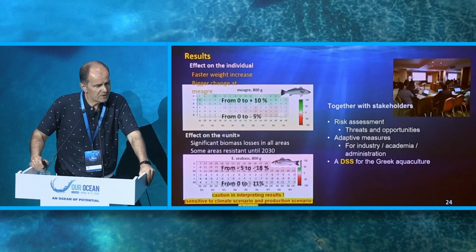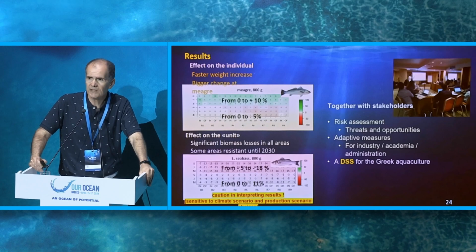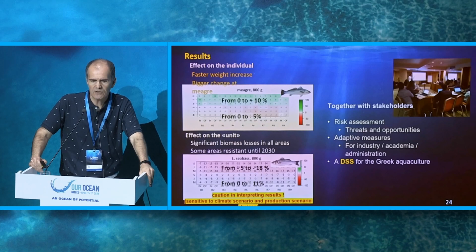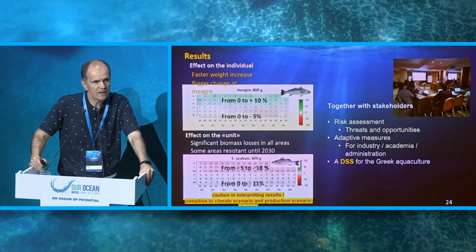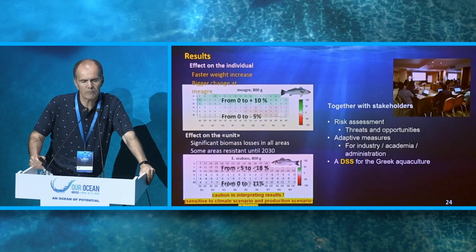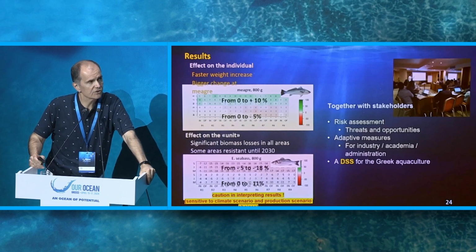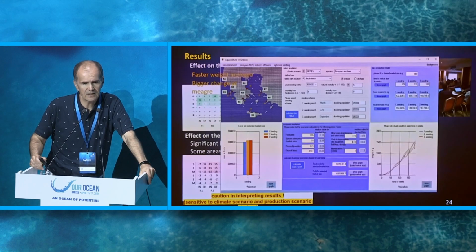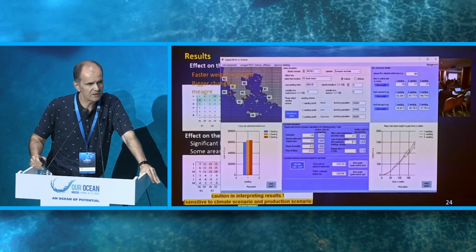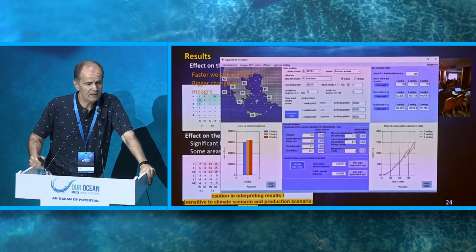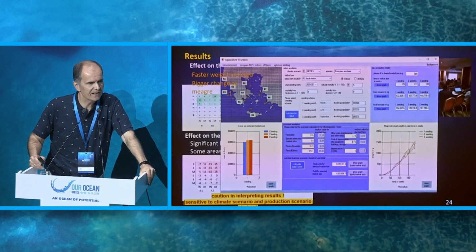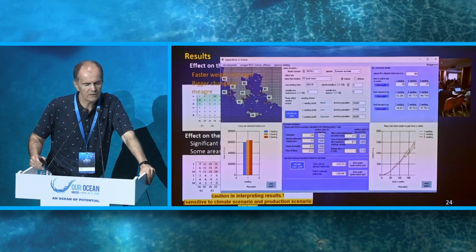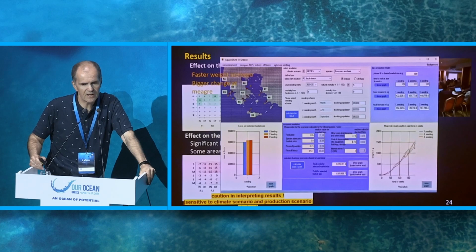Now, there's been a series of meetings with stakeholders to identify threats and opportunities of climate change and to discuss adaptive measures. To this end, HCMR has developed, in the framework of the project ClimeFish, a decision support software where both scientists and the industry can input the species under study, its specifics, let's say the physiological limits and tolerance, and of course reason on specific climate scenarios in the future.